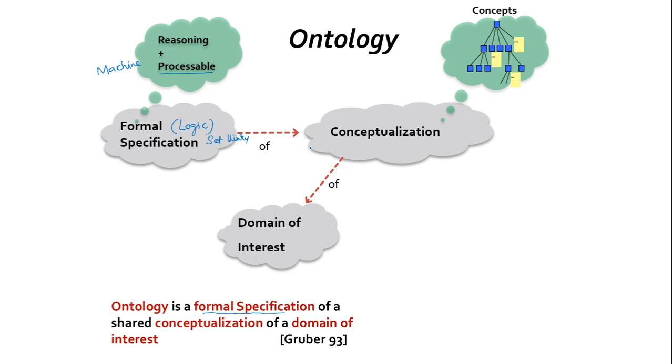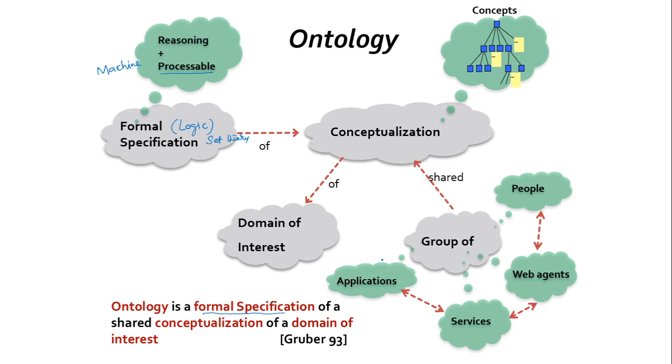Now, why are we asking to have this conceptualization? So that we can develop a shared understanding, right? And this understanding will be shared among, say, a group of applications. It can be among a group of services, web agents, or maybe people, right? So you can see that we can represent this definition visually in this form.